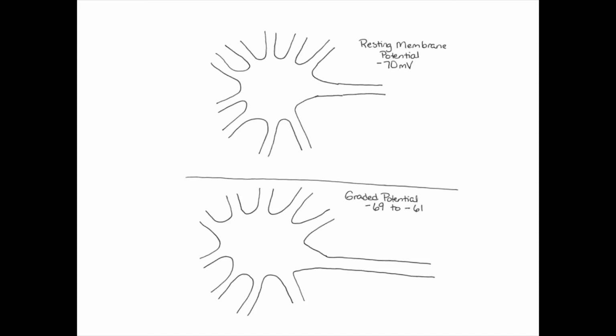Those leak channels allow sodium to move into the cell, going down its concentration gradient. So we always have some positive charges moving into the cell. If positive charges move in, what happens to the resting membrane potential? Right, it would get more positive.